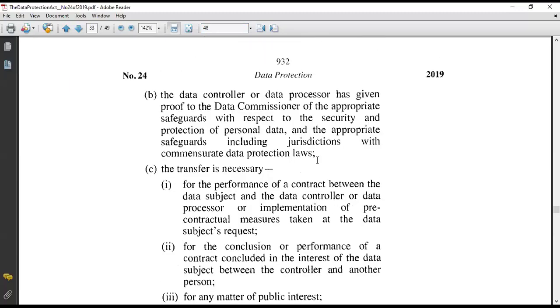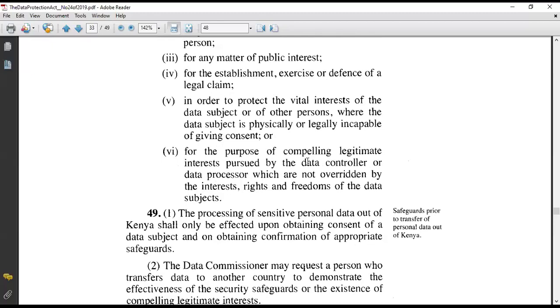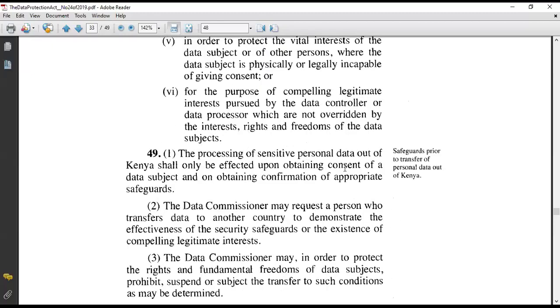Then the transfer must only be necessary for the performance of the contract between the data subjects, which are these women. That is the second point. Then, under 49(1), the processing of sensitive personal data out of Kenya shall only be effected with consent, as Helen has talked about, from the data subjects, these women. So that is the third point.